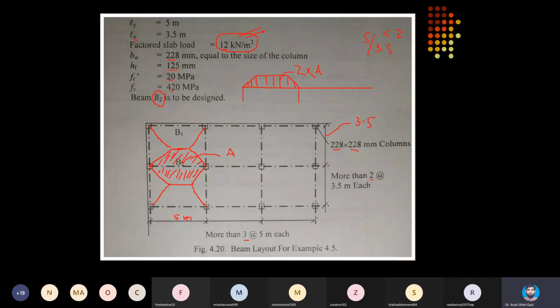So rather than performing analysis with these varying loads, if I can convert them into equivalent UDLs, so that the moment magnitude I will get by converting these trapezoids or triangles into equivalent UDLs remains the same in both pictures.